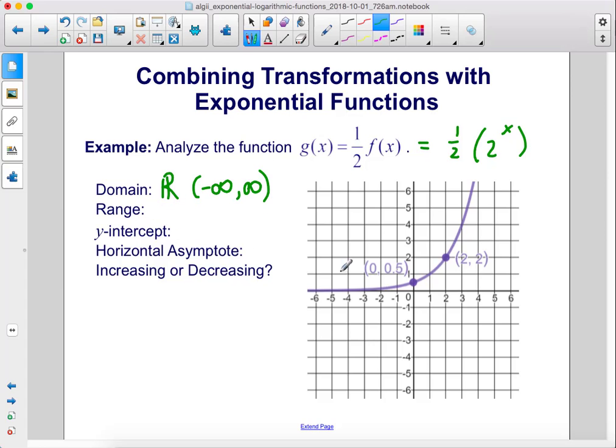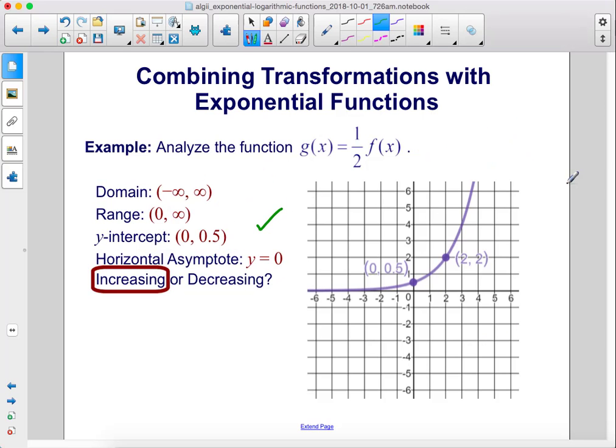The range is from 0, but not including 0, up to positive infinity. So (0, infinity), and we have to make sure not to have a bracket here because we're not including 0. The y-intercept is right here at (0, 0.5). The horizontal asymptote is the x-axis, and that's when y equals 0, because this line will never cross the x-axis. And this is an increasing function.